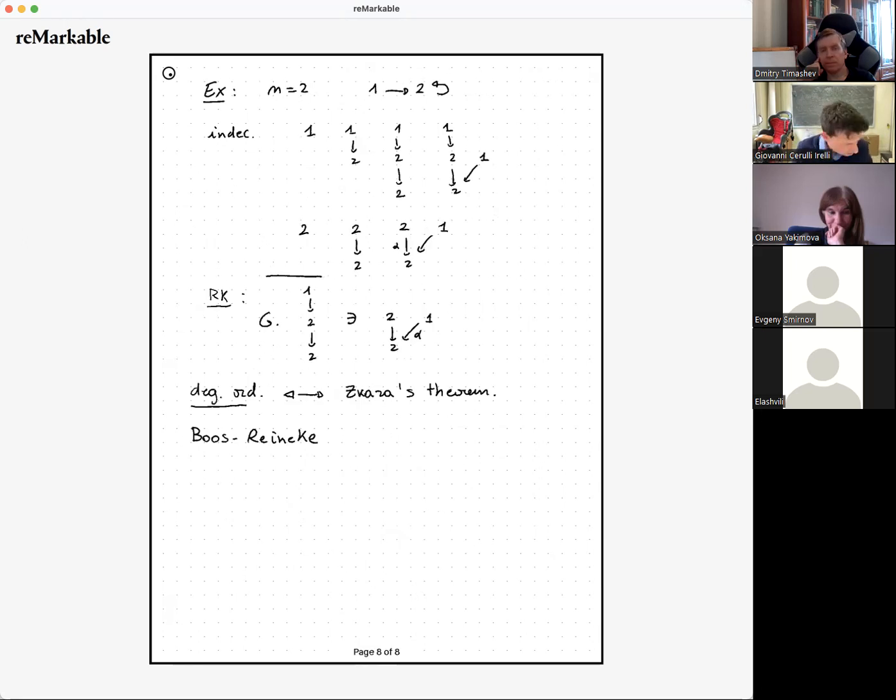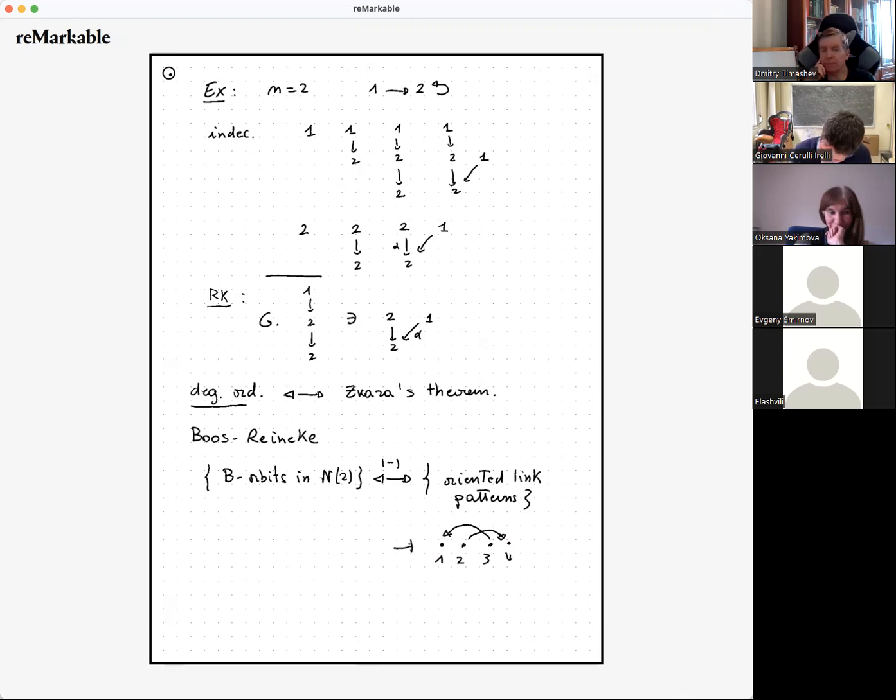And actually, what Bobinski and Reineke say is the following. B orbits in N2 are in one-to-one correspondence with what they call oriented link patterns. I illustrate this: for example, for n equals 4, let's take this oriented link pattern on 1, 2, 3, 4.